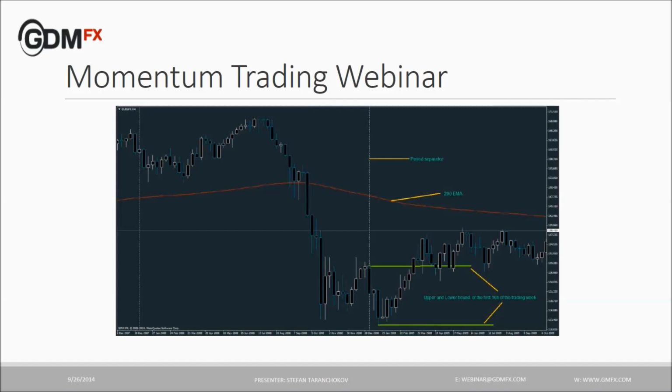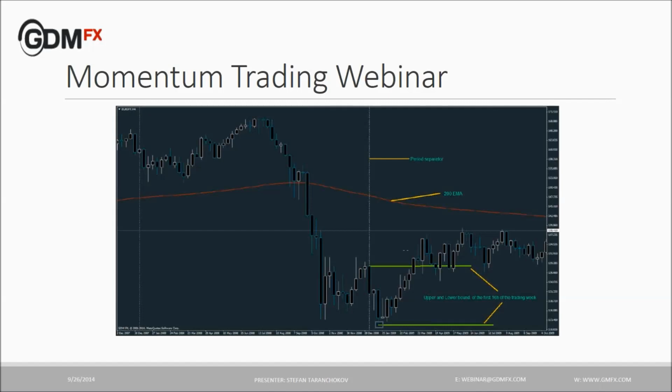So, as we can see, this is the first candle, and we count 1, 2, 3, 4. So here is the highest level. This gives us the upper level of our range. Here is the lowest level right here, and this gives us the lower bound of our range, the lower level.